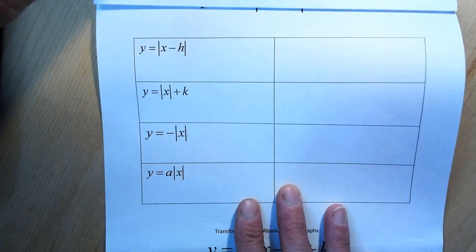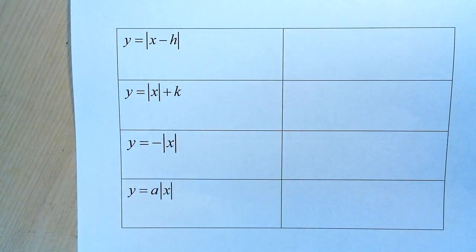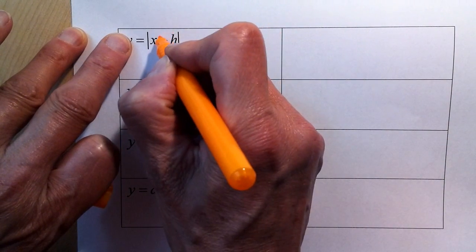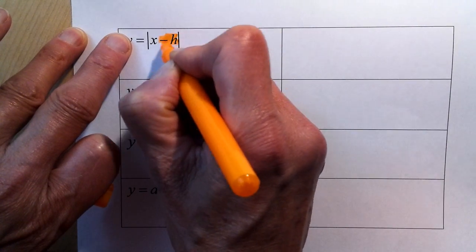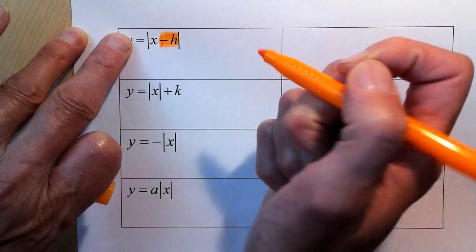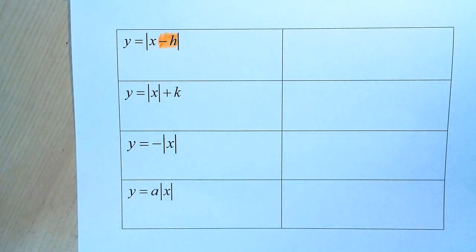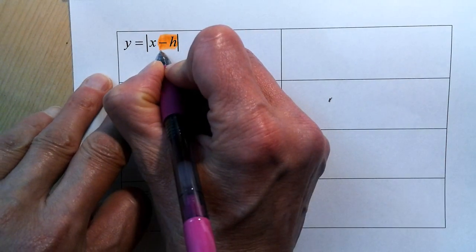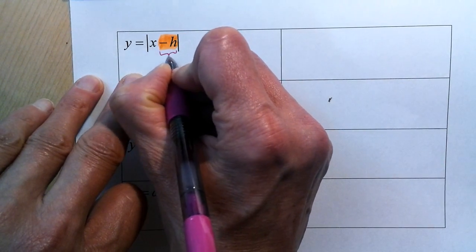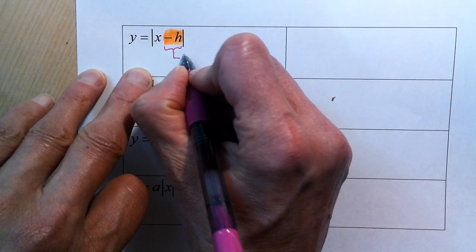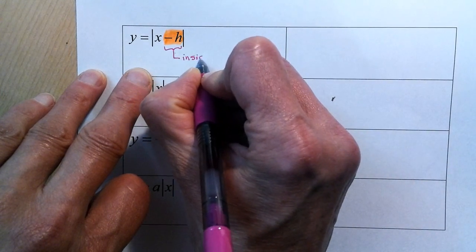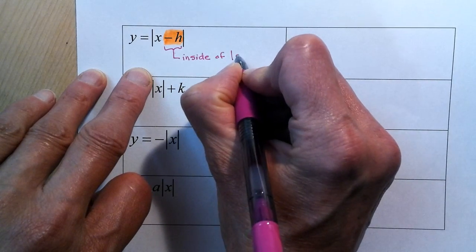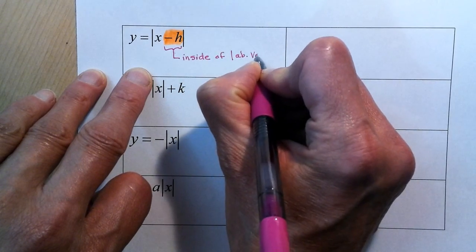I'm going to get closer. Okay, so right here we have a minus h on the inside of the absolute value. I want to make sure that you see where it is, not what it is. So here, this is on the inside of the absolute value.